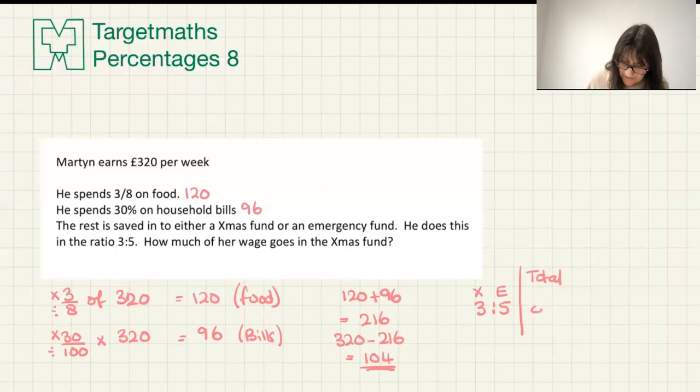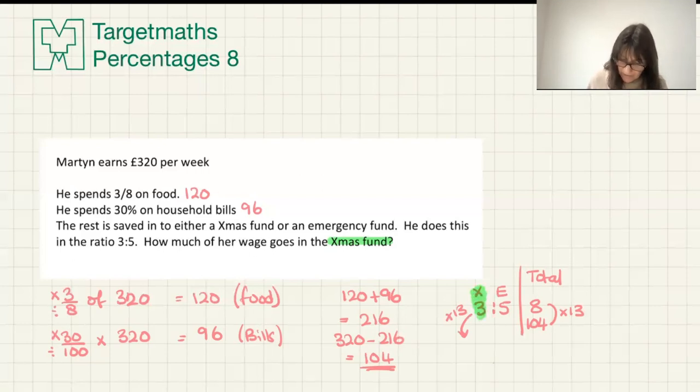So this is the invisible column method that we've seen before. We're then going to times through by whatever number creates the 104, and that's timesing by 13. We times this side by the same. I'm only interested in the Christmas fund, so I only want the Christmas fund column.